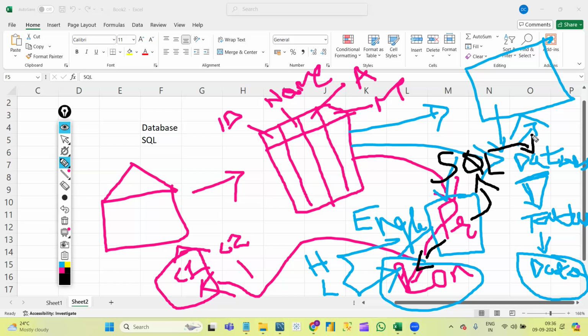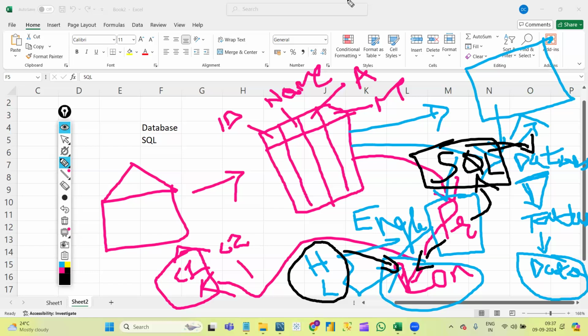To retrieve the data from the database, we will use a language called SQL. Just like how he used some language to communicate with the peon, SQL is also a language which we will use to communicate with the database. Okay, am I clear so far?